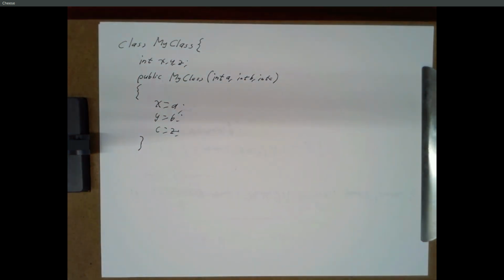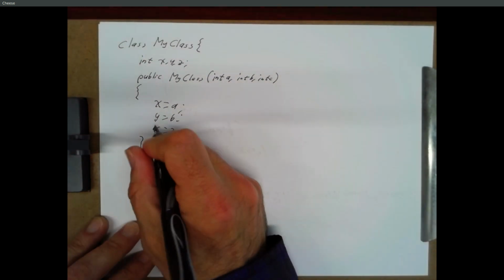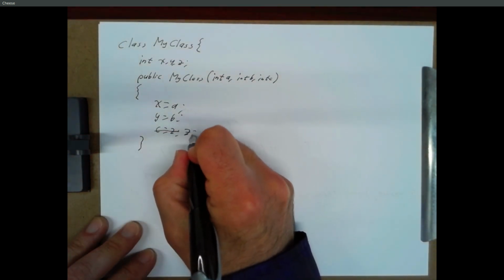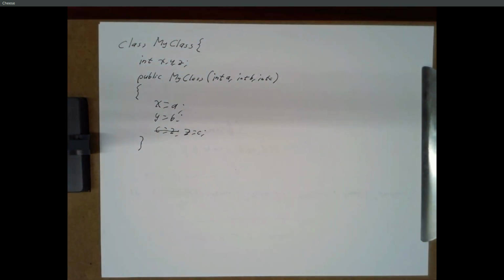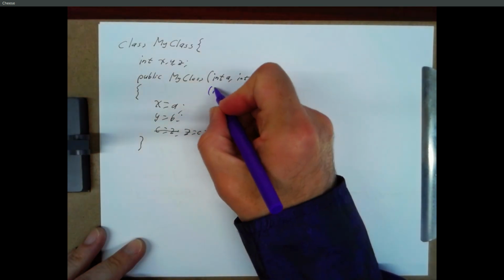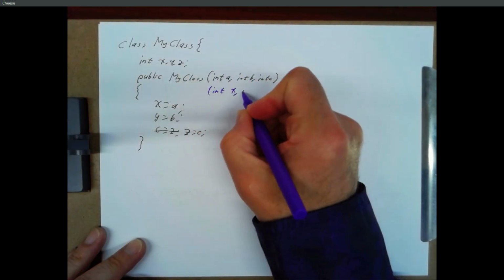So the constructor does take arguments. So pass 3 arguments, it assigns those to x, y, z.